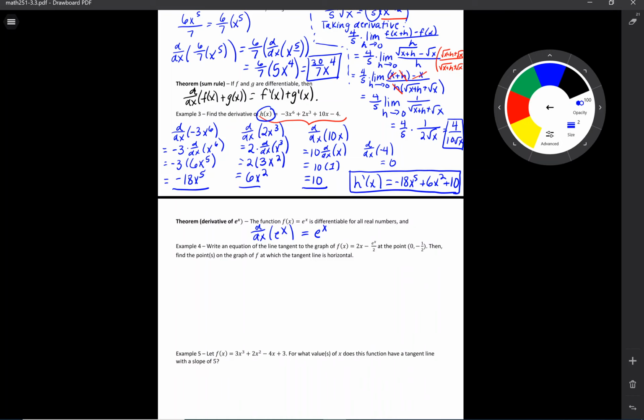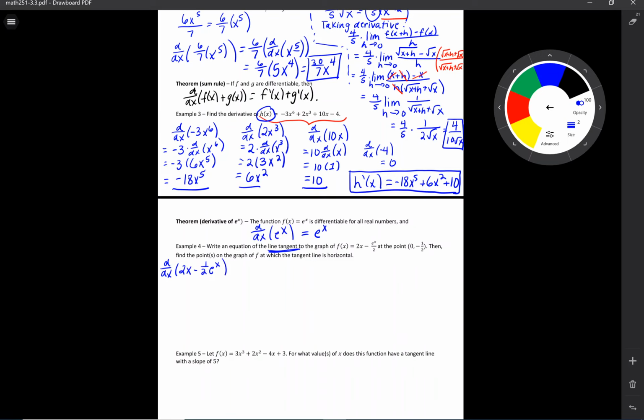Okay, so I first want to find the derivative of my function. Right, the line tangent, remember, the slope of the tangent line is simply equal to the derivative. So I first want to find the derivative of my function. So d dx of 2x minus 1/2 e to the x.